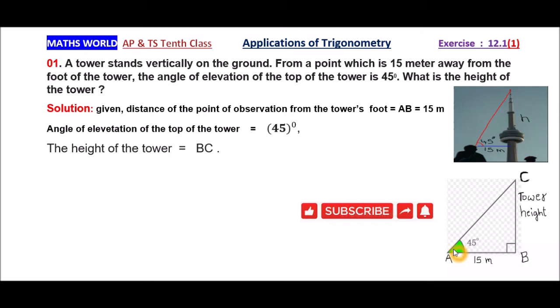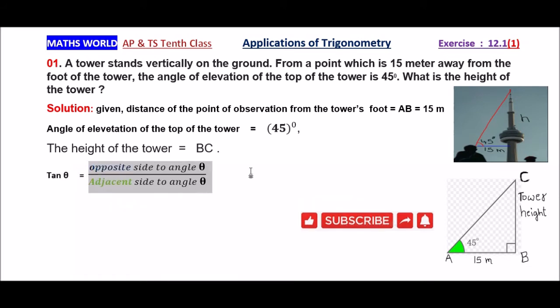So we can use the tan ratio for finding this BC, the tower side. So we know that tan theta is equal to the opposite side to angle theta divided by the adjacent side to angle theta, that is equal to BC divided by AB.